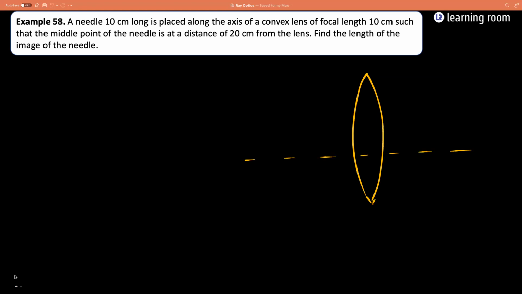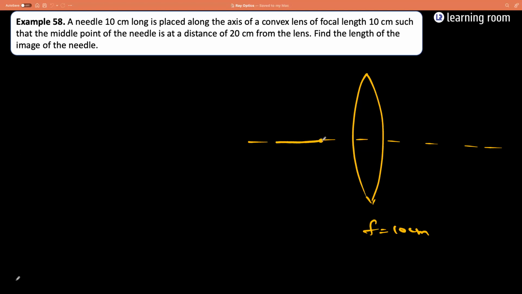So did you draw the ray diagram and see? I mean, did you draw an approximate diagram at least? So if you take the convex lens to be like this, and the focal length is taken to be 10 centimeter, such that the middle point of the needle is at a distance of 20 centimeter from the lens.